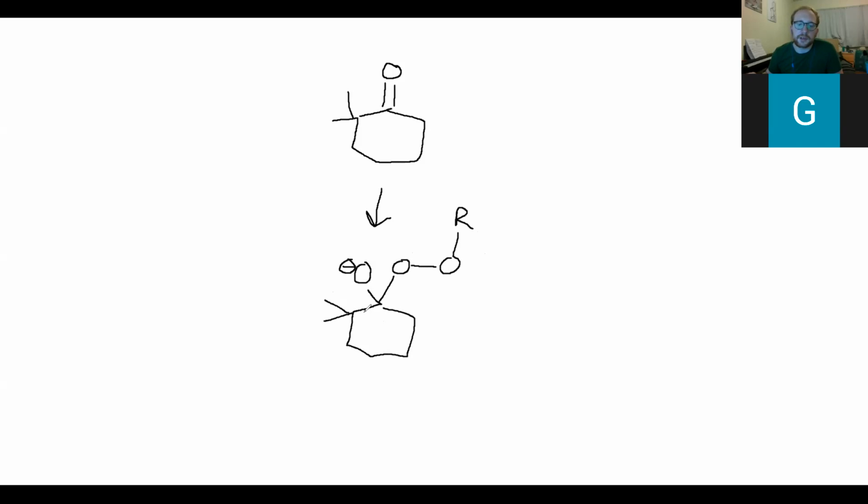And now we have to think about, normally we push arrows like this, and then a group migrates, kicks out. And so how do we determine which of these two groups is going to migrate?